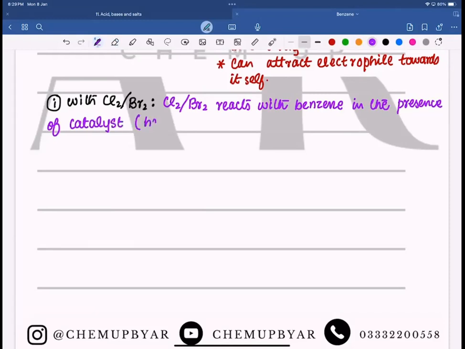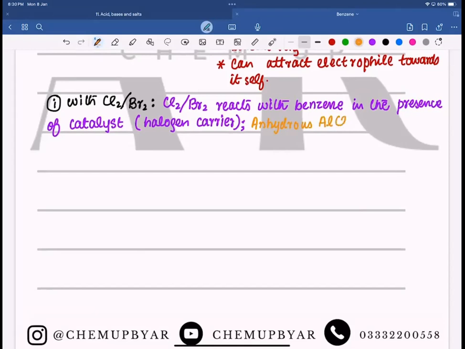That catalyst is also called a halogen carrier, and the halogen carrier or catalyst that we use is anhydrous aluminium chloride or anhydrous aluminium bromide. Either one, any one out of these two, can be used.